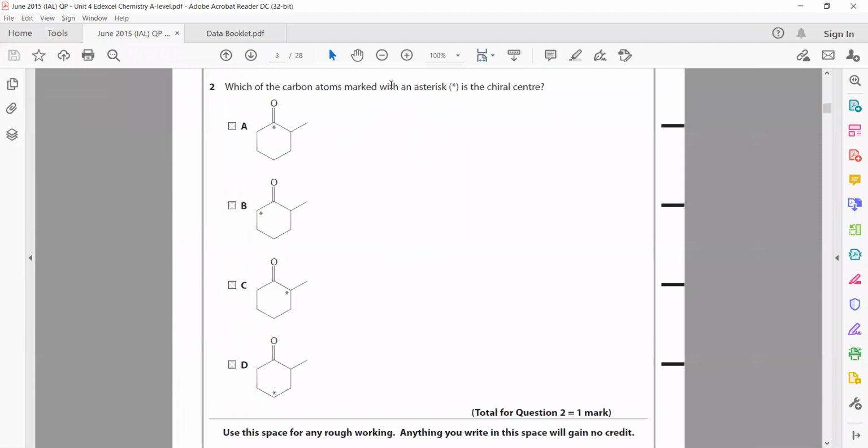In question 2, which of the carbon atoms marked with an asterisk is chiral? To be a chiral carbon, it should bond with 4 different groups. So when 4 different groups are attached to carbon, that's a chiral carbon.